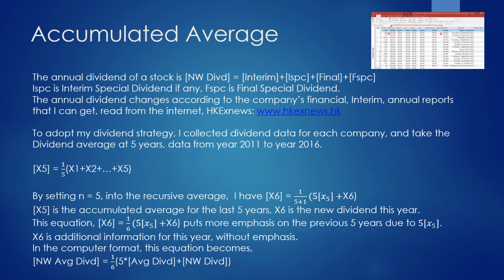Accumulated average. The average dividend of a stock is a new dividend equal to interim plus ISPC plus final plus FSPC. ISPC is the interim special dividend, if any. FSPC is the final special dividend.